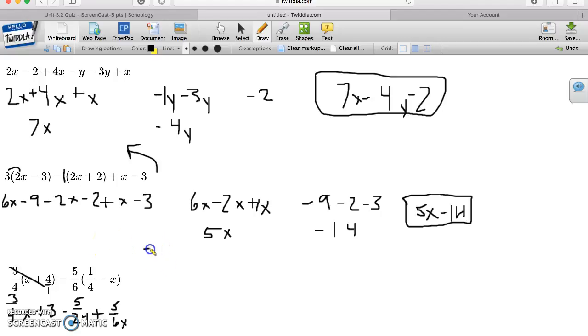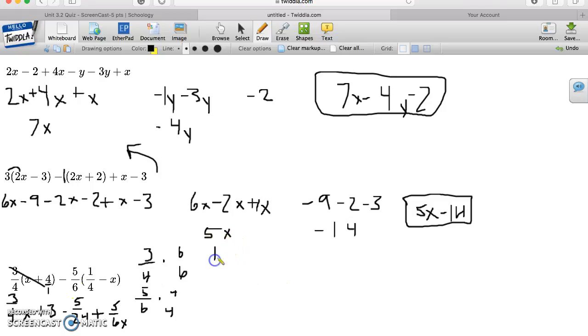So we can take 3 over 4 and 5 over 6, and we can multiply them by 6 over 6 and 4 over 4, so that we have the common denominator of 24, and that also matches our fraction 5 over 24, so it just makes it easier.